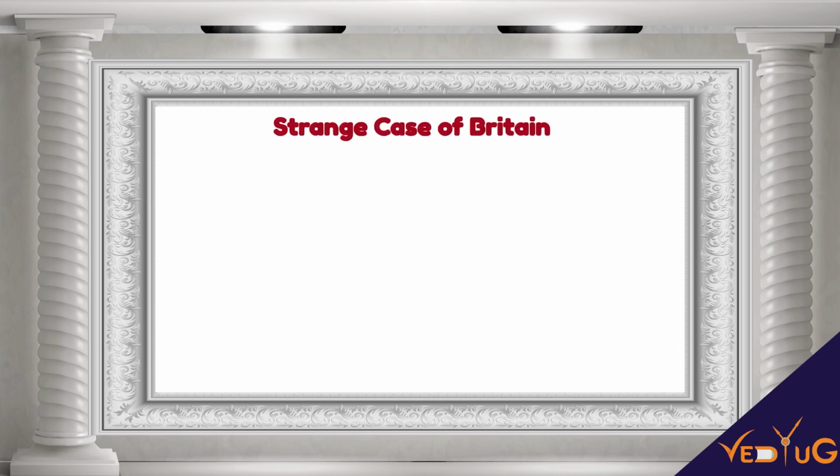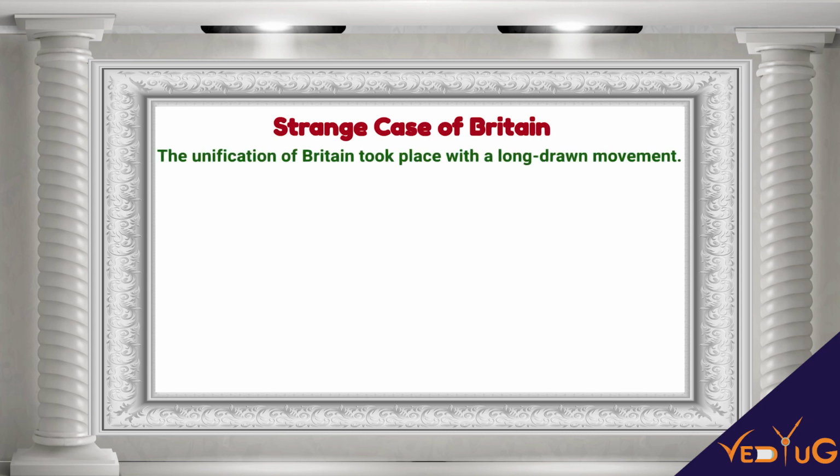So now let's see what happened in Britain. Now can you think why the topic is the strange case of Britain and not something else? So let's understand it. The unification of Britain was a very lengthy movement. The primary identity of people living in the British Isles was English, Welsh, Scot or Irish.